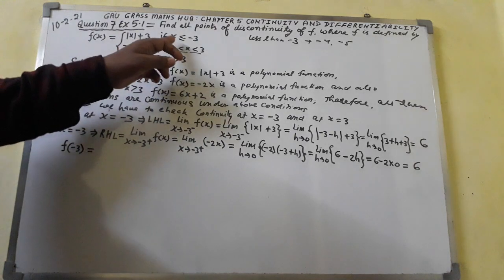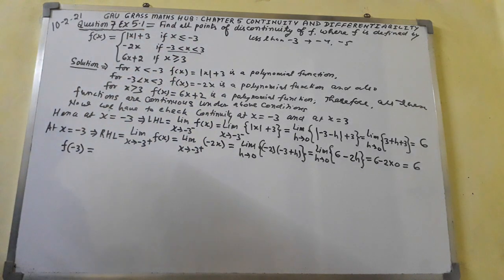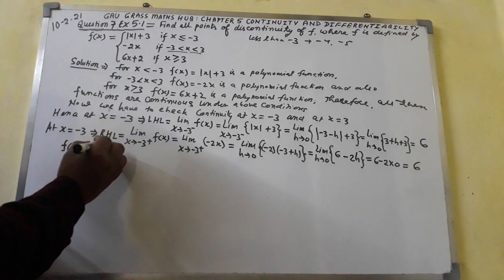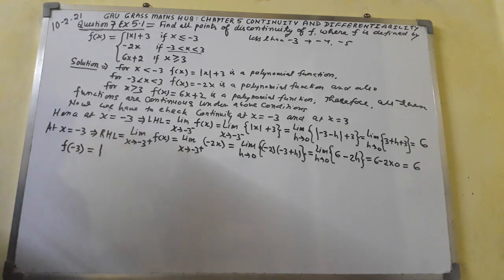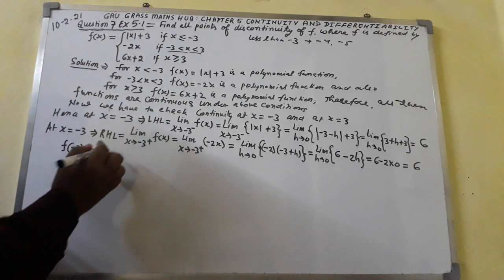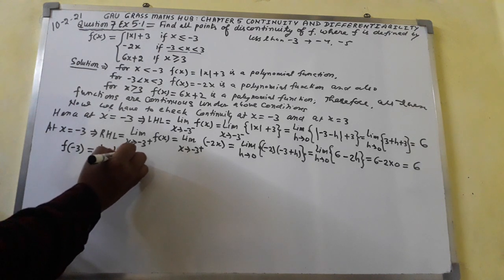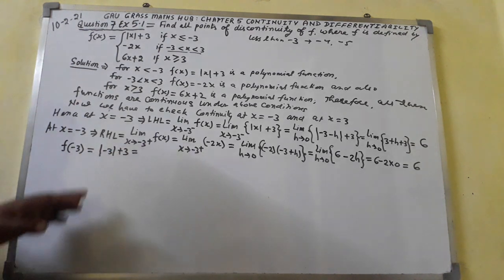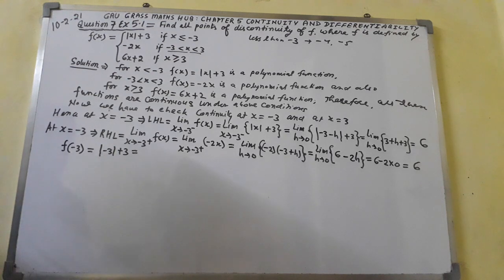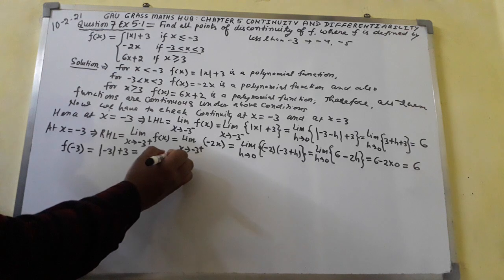So here you can see x equal to minus 3 is applicable. I shall choose this function. The function will be mod of x plus 3, in place of x write minus 3. So you will get mod of minus 3, which comes out to 3, plus 3 comes out to 6.